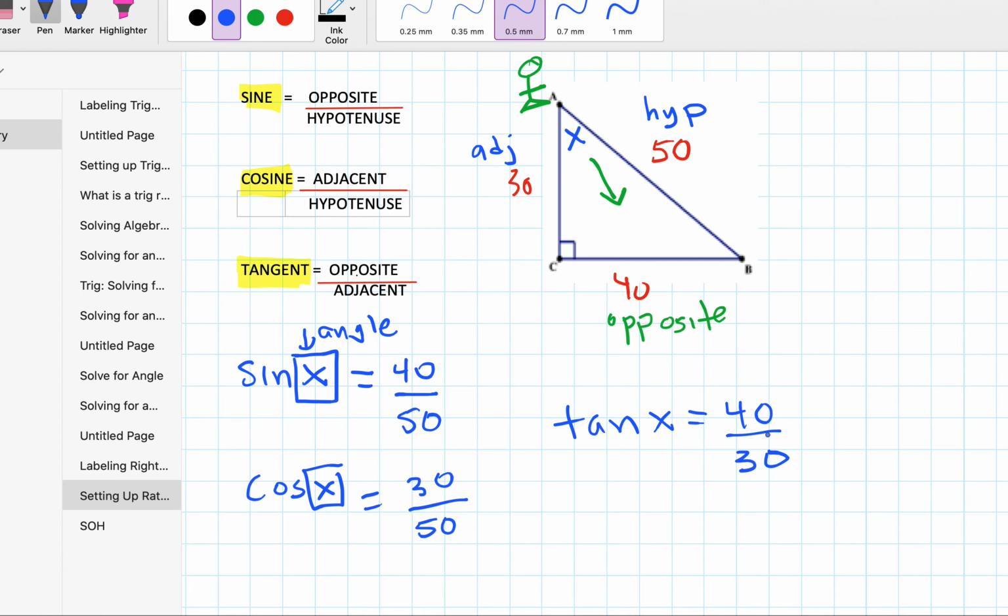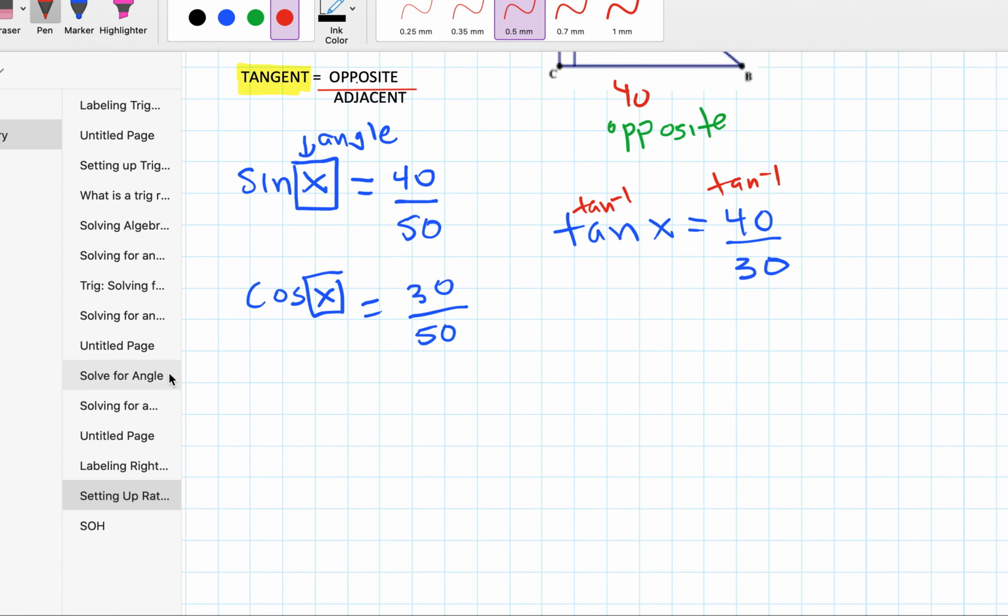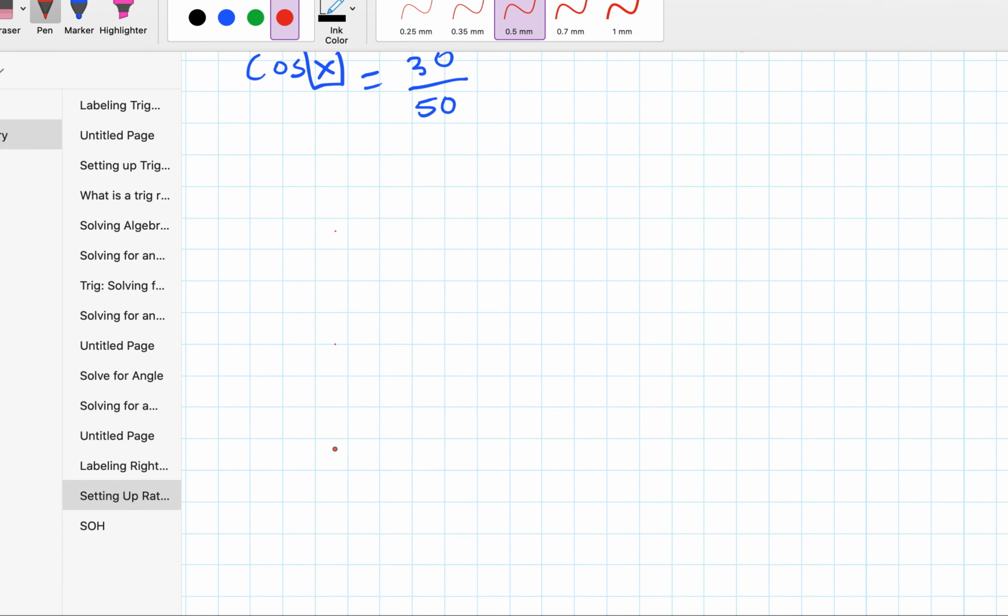So now in the next videos we will show how in this case, for example, we can get x alone by doing the inverse, and our calculator will give us the missing angle. Let's take a quick look at another one so we can see how where you stand matters and will determine what your opposite and adjacent sides are.